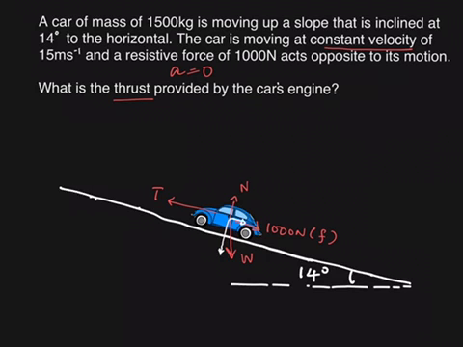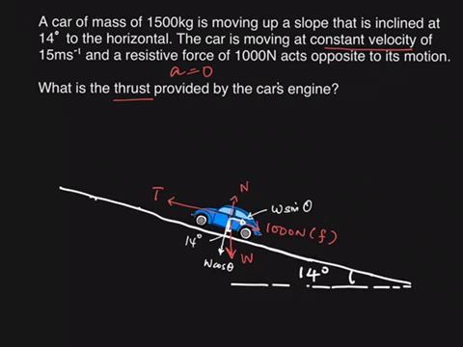Do note that this angle is, if you do your trigo, the same as the angle of inclination, which is 14 degrees. And if you get your trigo right, the component here is W cos theta, and the component here is W sin theta. So, these are the components of weight, which have been resolved along the slope.